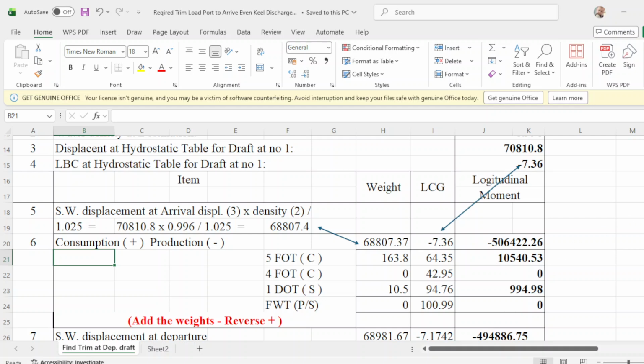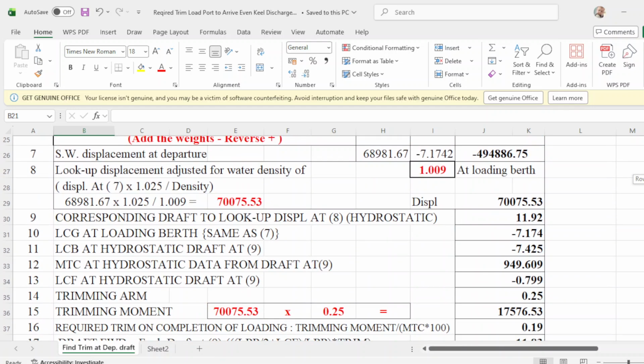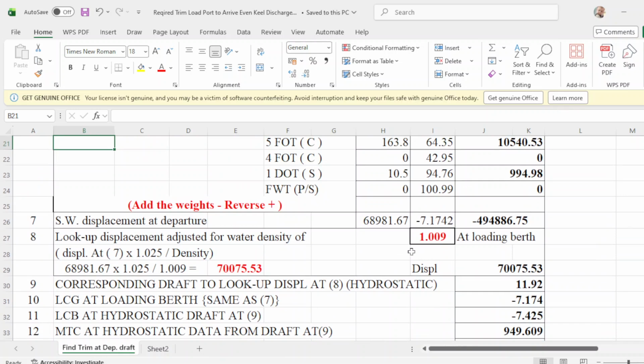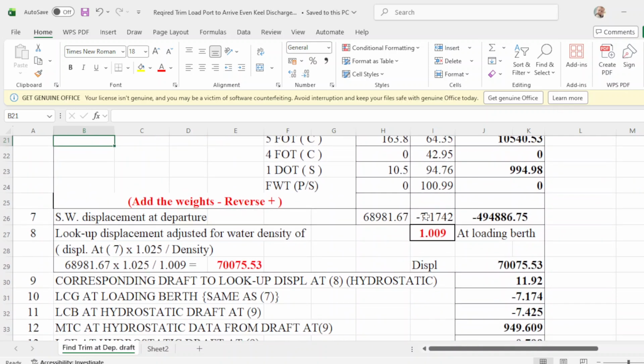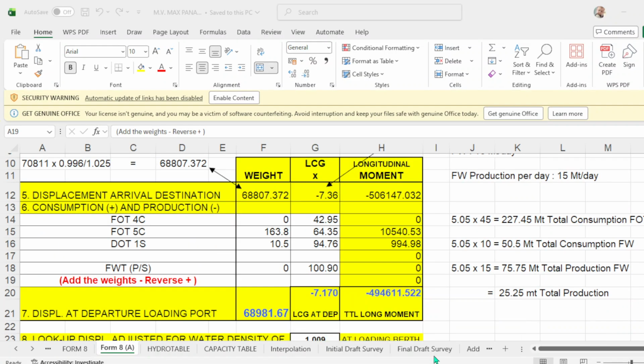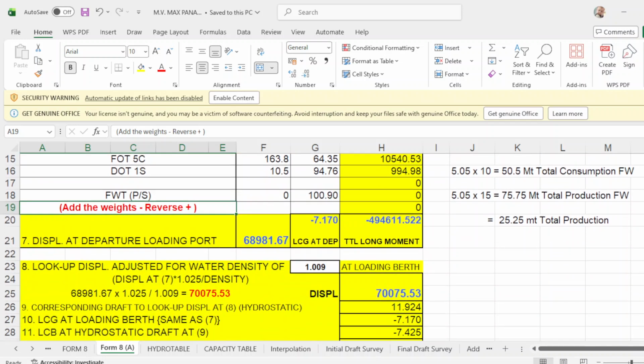I hope that's clear. Then take note that the displacement, the LCG is negative 71742. This is 0, almost the same. And this is your displacement at loading port, which is New Orleans.